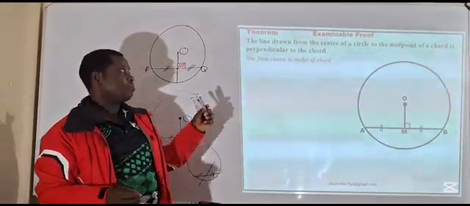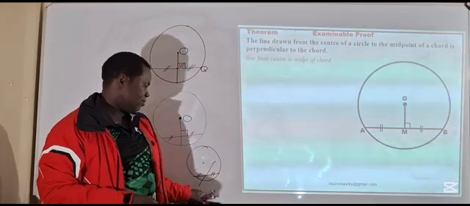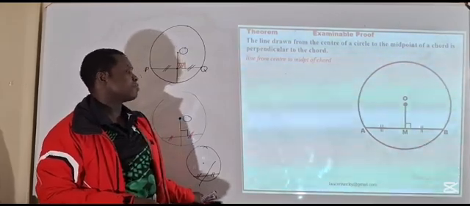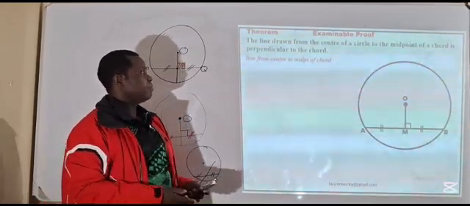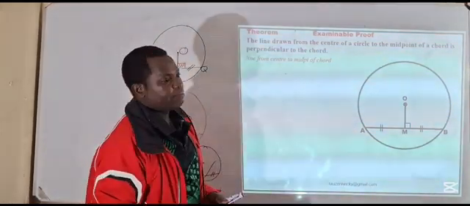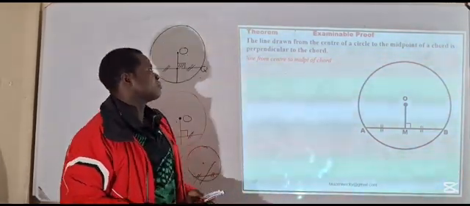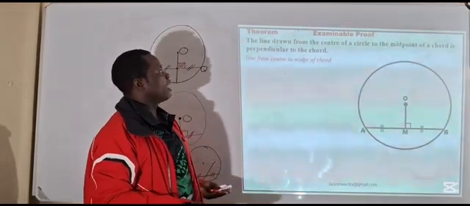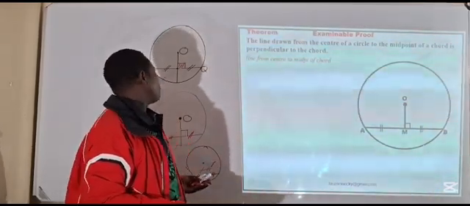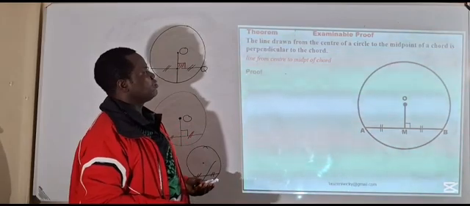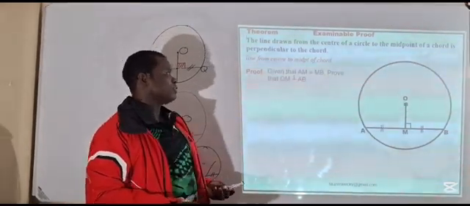Now, how do we prove it? That is now important for us. How do we prove the theorem? When you're proving a geometric question, you need to take notice of what information you have and what you want to show.